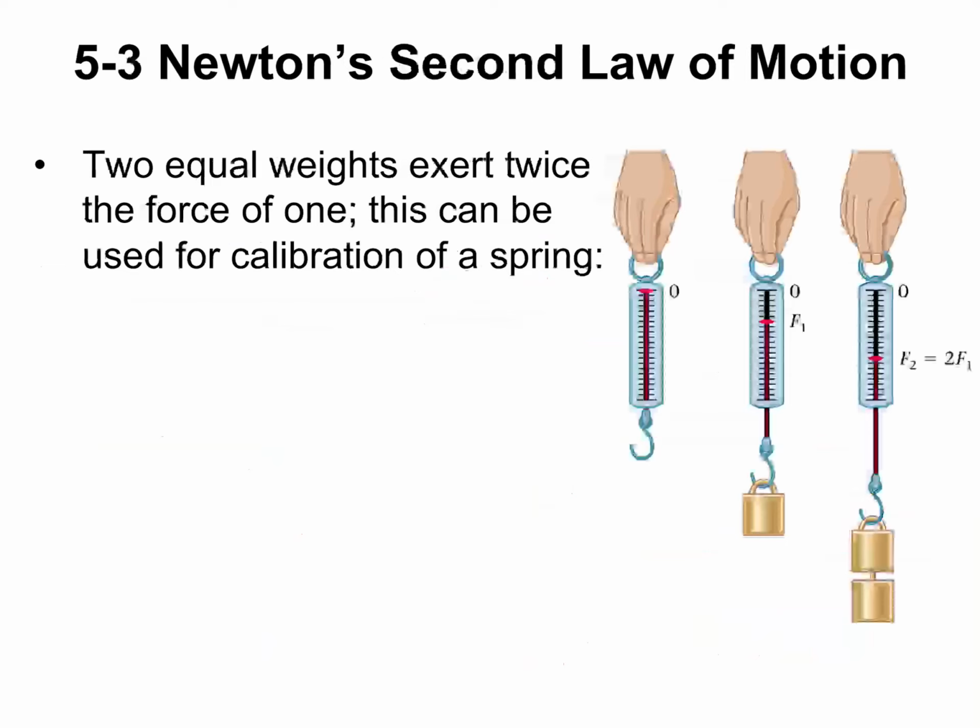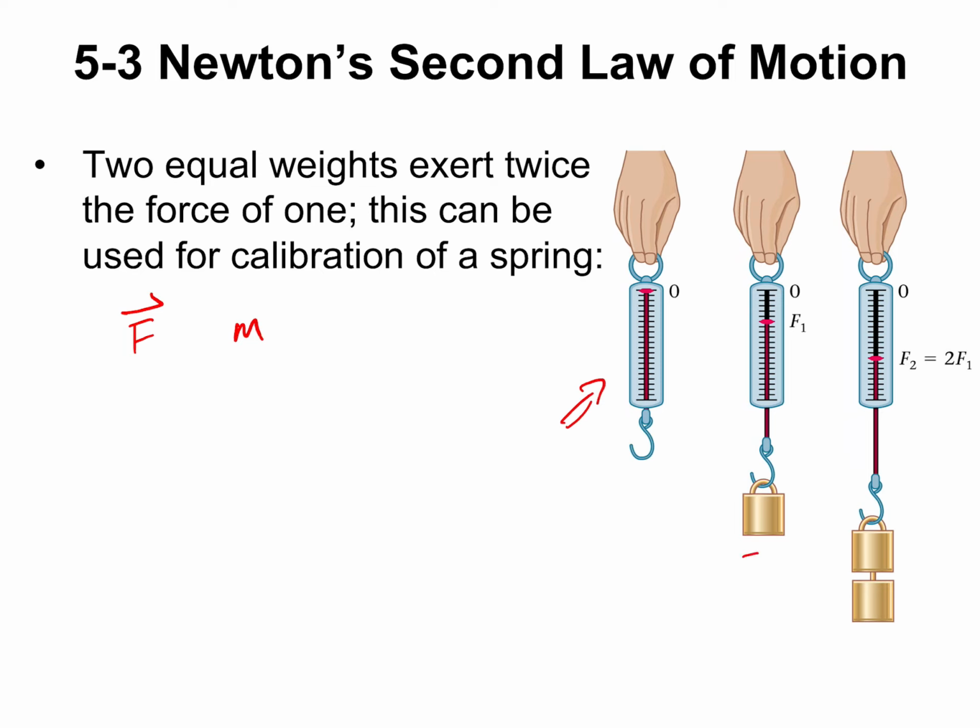Second law, we link a force and the mass together. So what happens here is this. If you have two objects, usually we use this scale. This is a spring force scale, to measure the force applied.